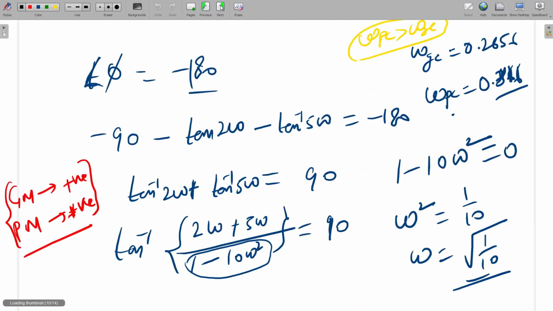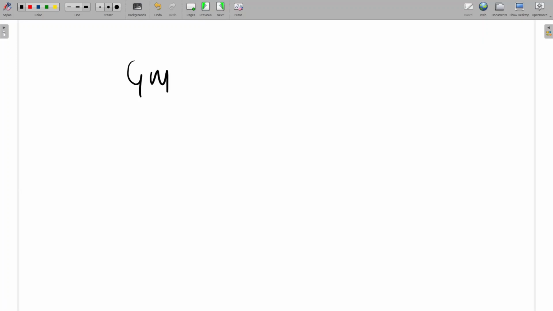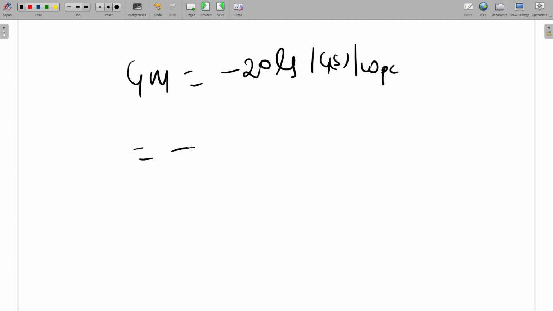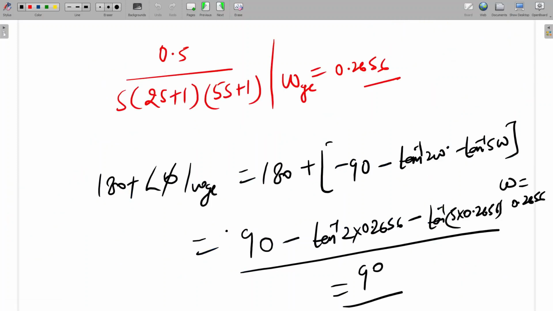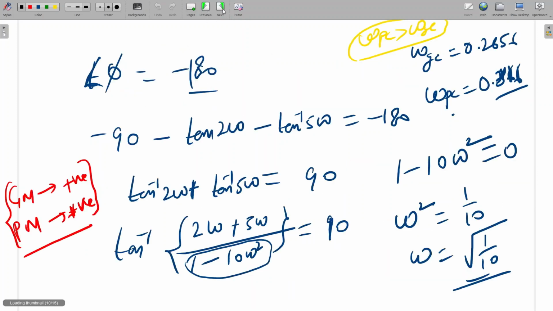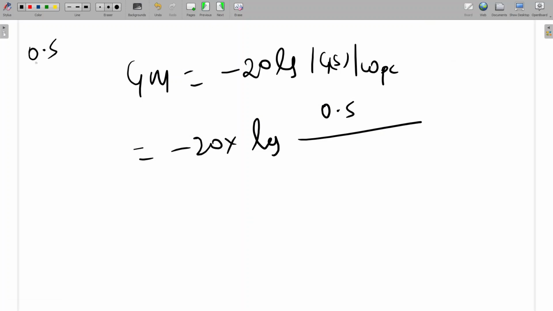So what is the formula for gain margin? Minus 20 log of the magnitude of the transfer function G(s) at omega PC, right? Yes. So minus 20 into log of 0.5 divided by s into (2s plus 1) into (5s plus 1). This is our transfer function.